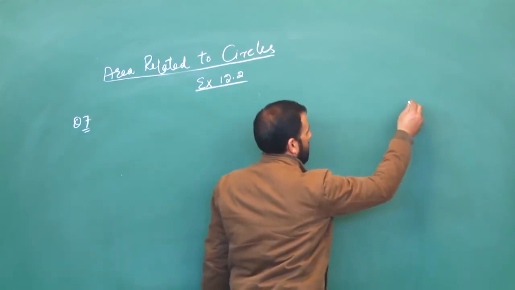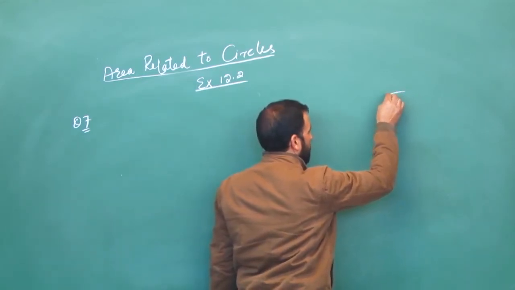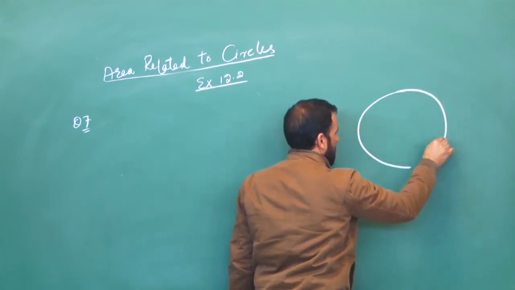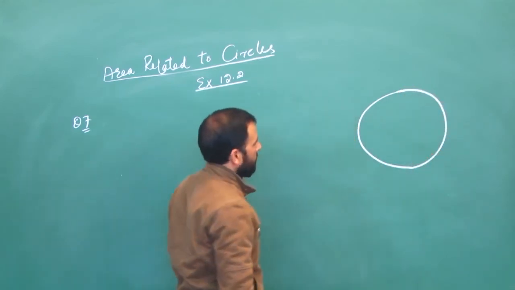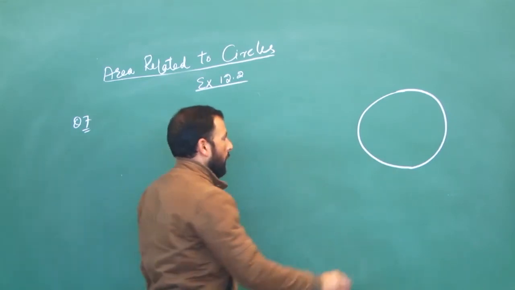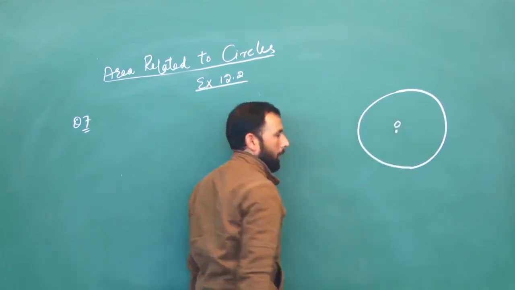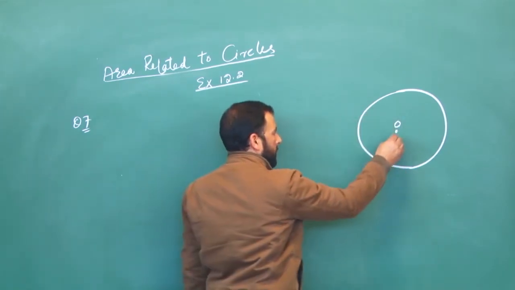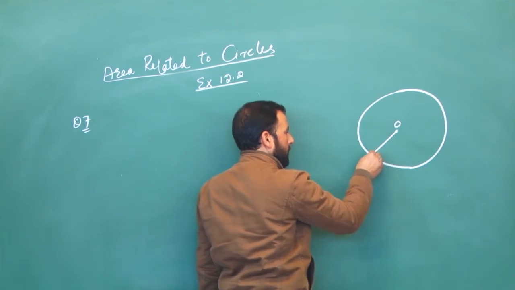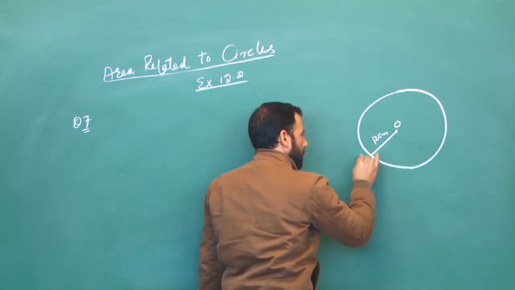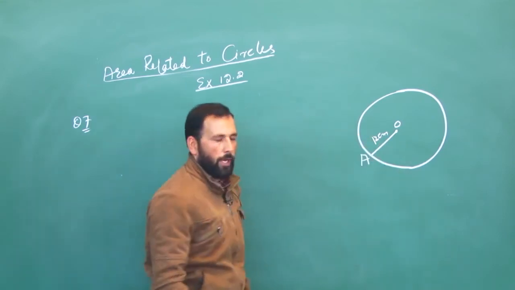Let us draw the diagram of this question. This one is a circle. Let this point be the center of the circle and call it O. It is given that the radius of this circle is 12 centimeter. So OA is the radius.